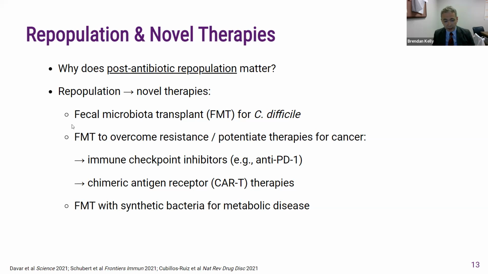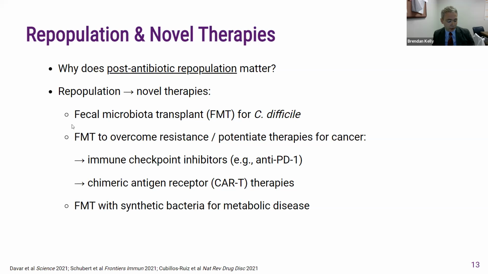Some of the most exciting data has come from our colleagues in oncology, where, just within the last year, a couple of papers have been published suggesting that FMT can be a really powerful intervention to overcome resistance to or potentiate therapies for cancer. The peak example of this is FMT taking people who are non-responders to anti-PD-1 therapy, or immune checkpoint inhibition, and making them responders.